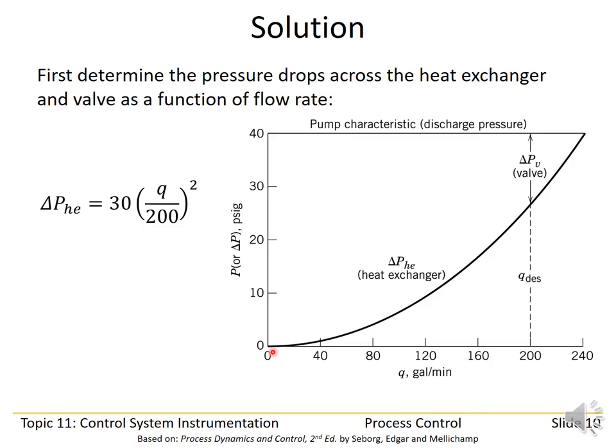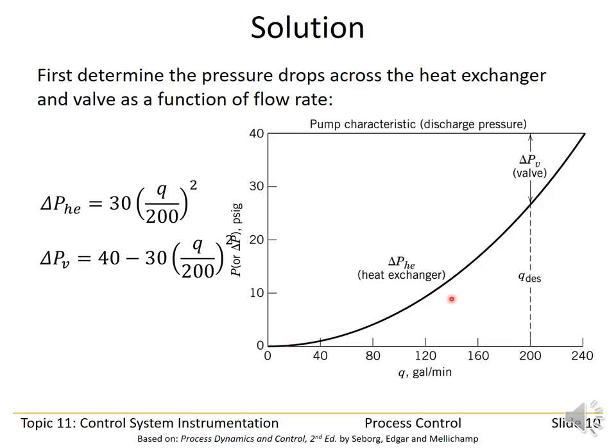The total pressure drop in the system is 40 psi-G, and so the pressure drop across the valve must be 40 minus this quantity. So we can represent the situation graphically here.